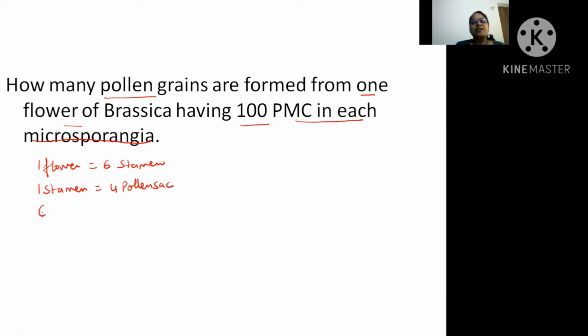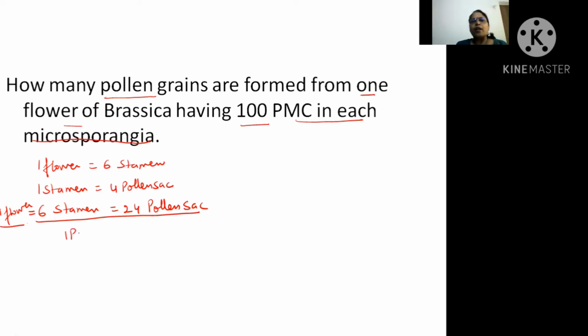So it means six stamens will have how many pollen sacs? First of all, you should find the pollen sacs. So the answer will be 24 pollen sacs. So this much is clear to you that six stamens means 24 pollen sacs, and six stamens means one flower only. So one flower will have 24 pollen sacs.